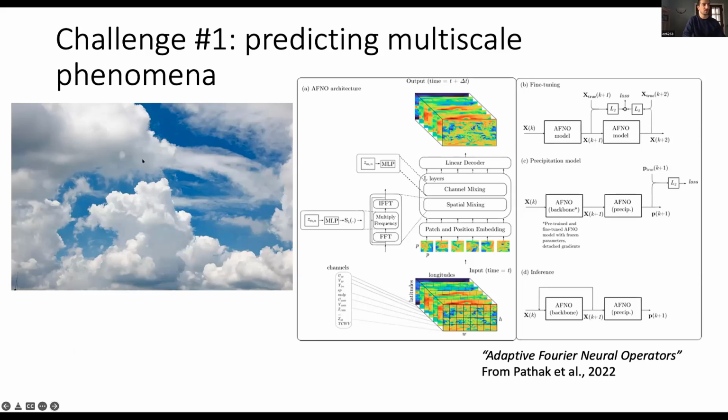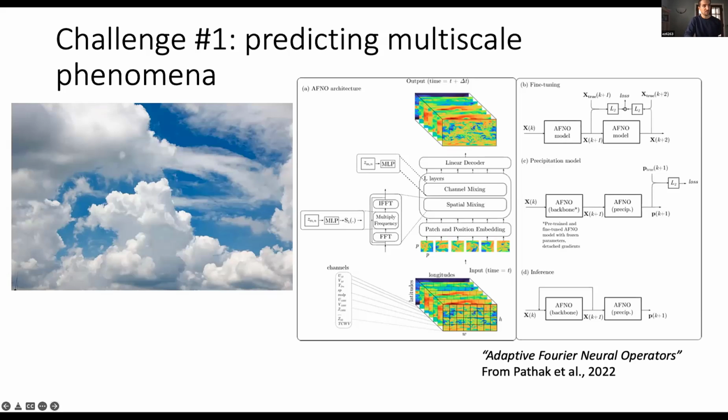One key property of these phenomena is that they occur over a huge range of scales, from kilometers to millimeters. And so when we feed these statistical models data at one scale, it's very difficult to generalize to other scales. Here I'm showing very recent research from 2022 of people trying to generalize neural networks to these multi-scale problems. It's a very open and interesting field, but it's still a challenge.